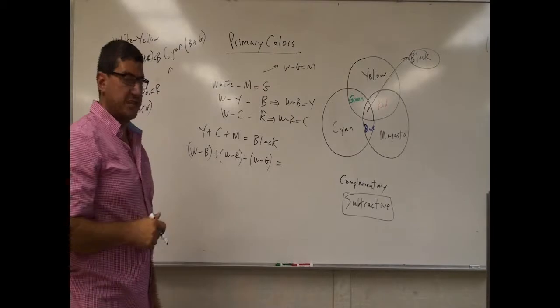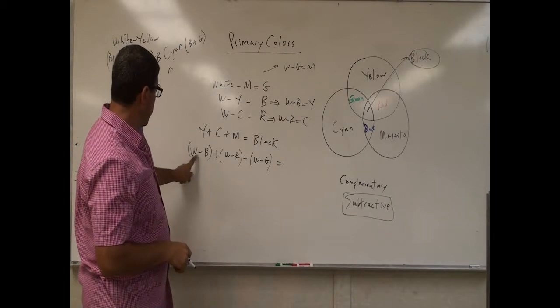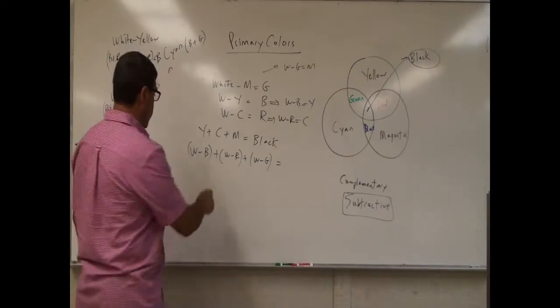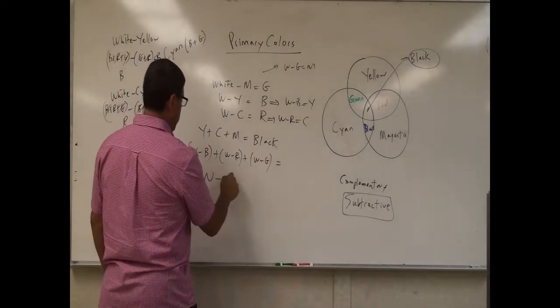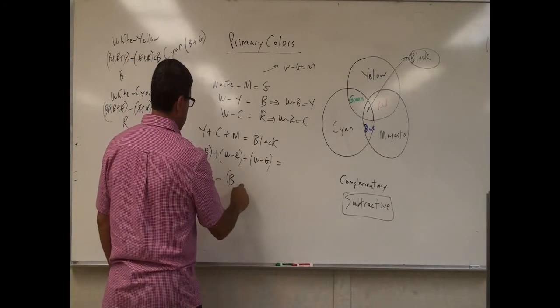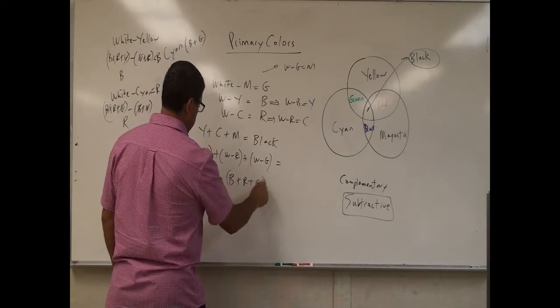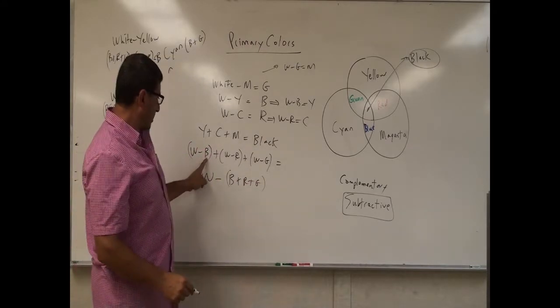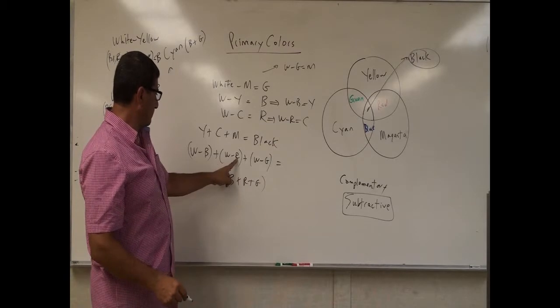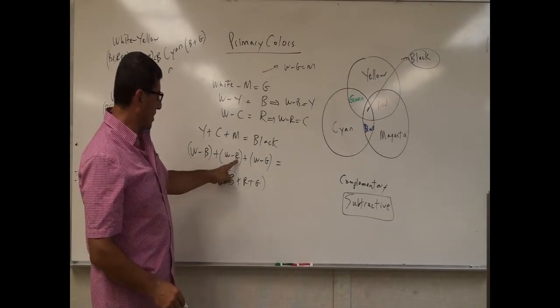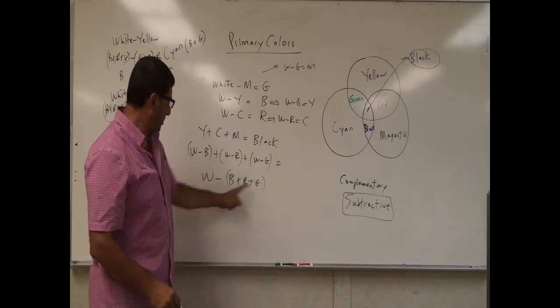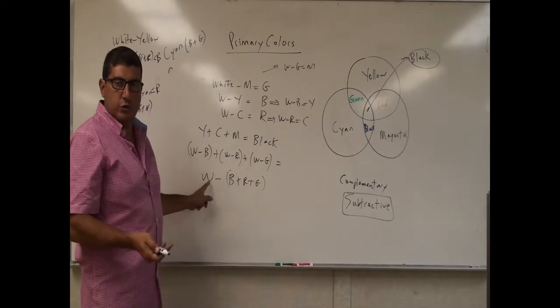Okay, I want to show you that this gives you black. Well, you have here white, white, white. So we pretty much have just white. And then minus blue, red, and green. You're subtracting blue, you're subtracting red, and you're subtracting green from white. Well, what is white?